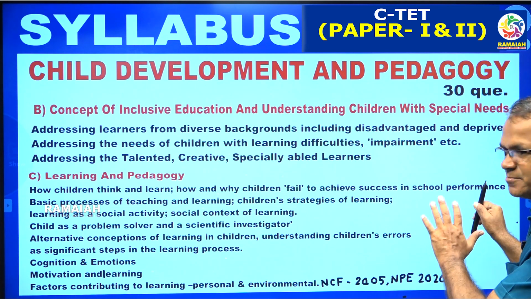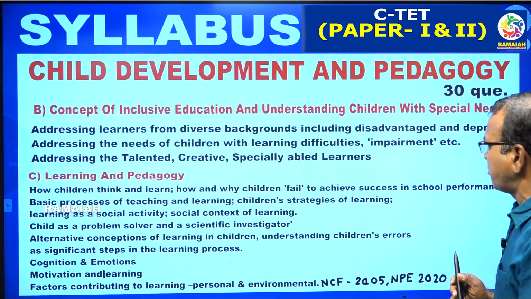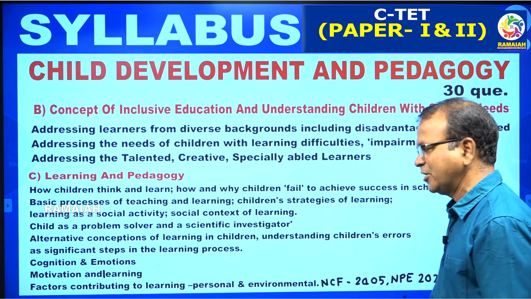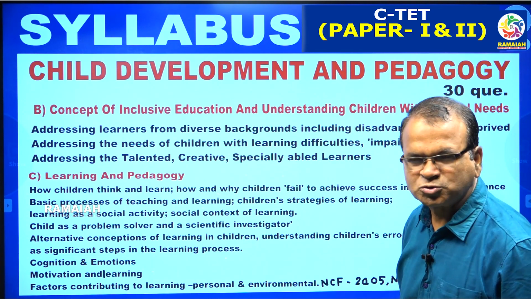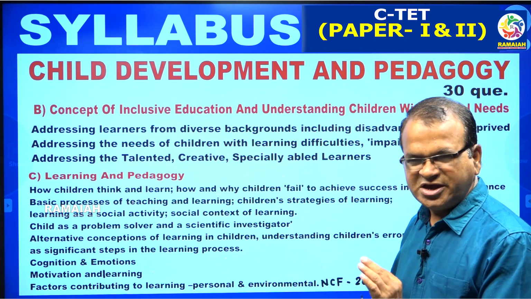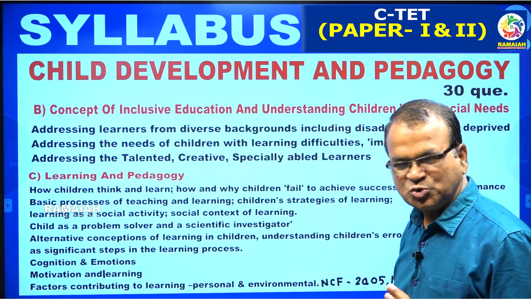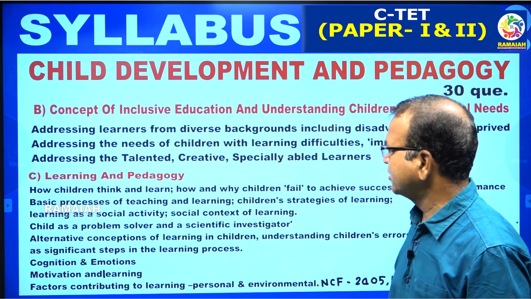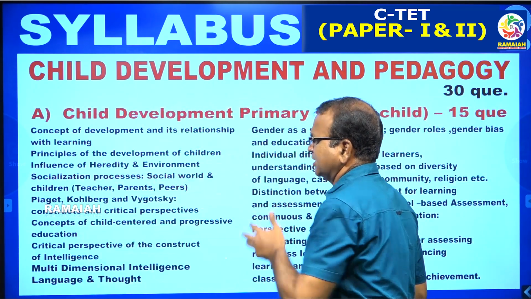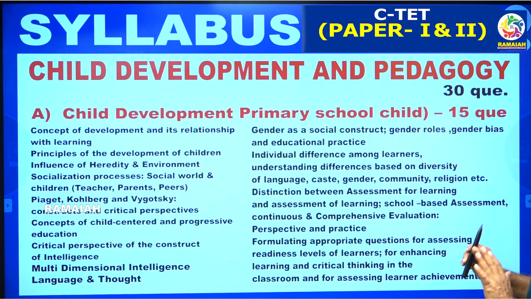Now, this is a very important concept to understand. And third, the foremost important point, is learning and pedagogy. This is totally the pedagogy process. So you have to divide the total syllabus into three categories: A is for child development, B is for inclusive education, C is for pedagogy. Now we are going to understand these three phases, phase by phase and category by category.